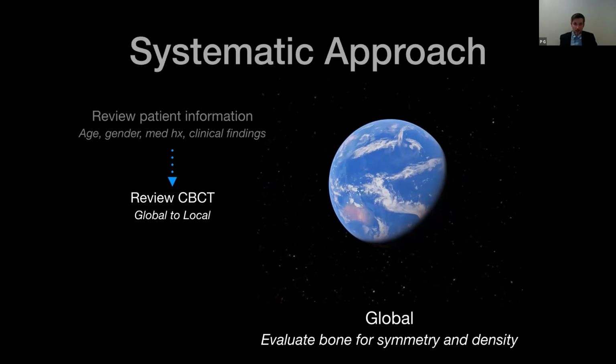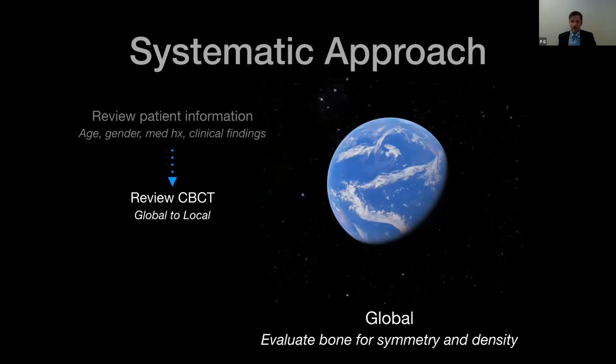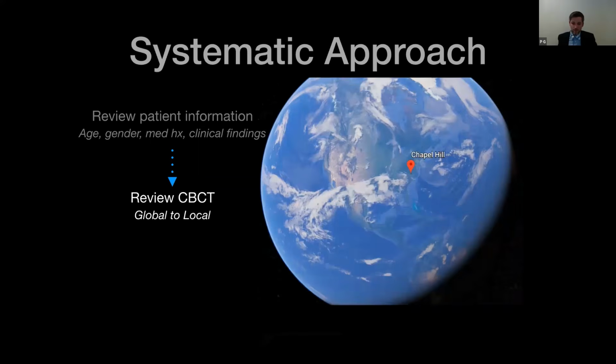I know as dentists, we want to look at the teeth first, but I look at everything else first before looking at the teeth. That way I know that I'm not missing anything and I've done my due diligence. But then after I take a global view at all the structures, I localize to the teeth.